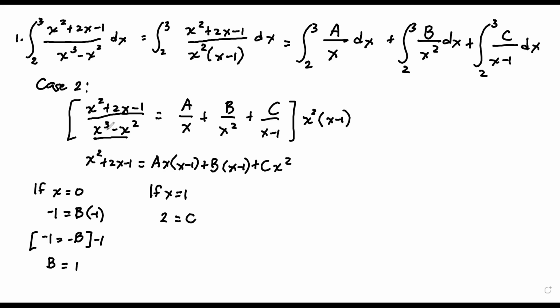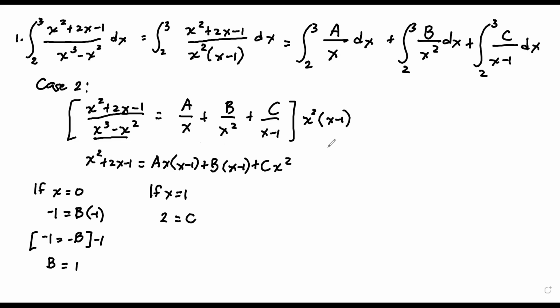Huwag malito kasi baka sabi nyo bakit naging x and x squared. Factors yan, hindi yan ang product nito. Dapat yung product ng mga to ay ito. LCD, least common denominator. Saan sila magiging common? Silang tatlo. Dito. Sige po. Thank you po.